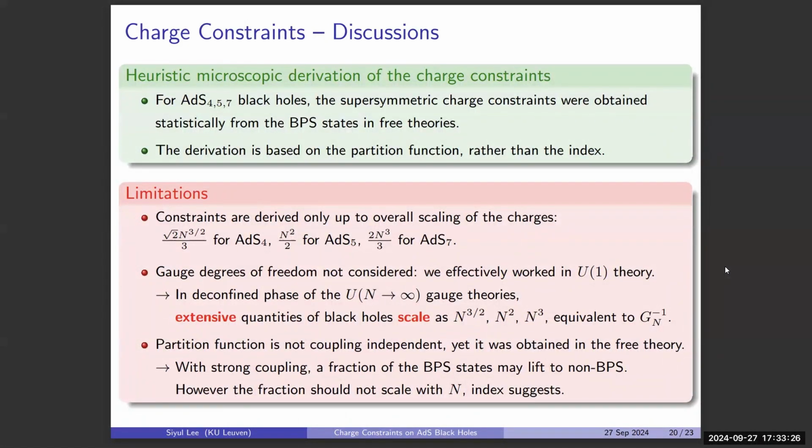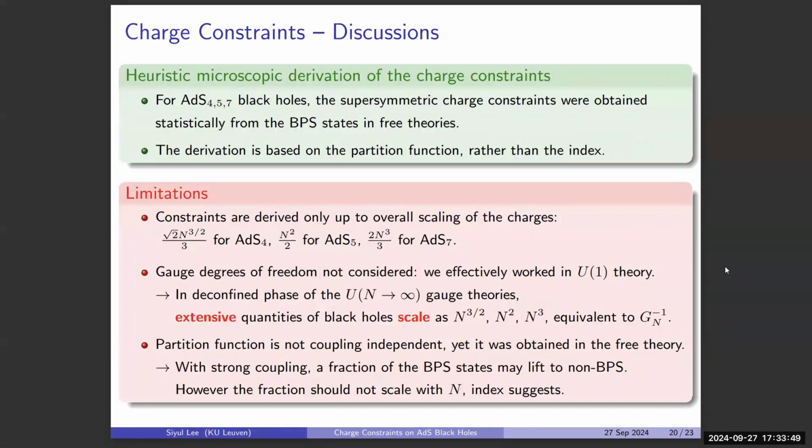Also, the fact that we have only considered the free theory has an ability to account for the O(1) factor that was in front of these powers of N, because with strong coupling instead of the free theory, maybe a fraction of the BPS states in the free theory might become non-BPS.